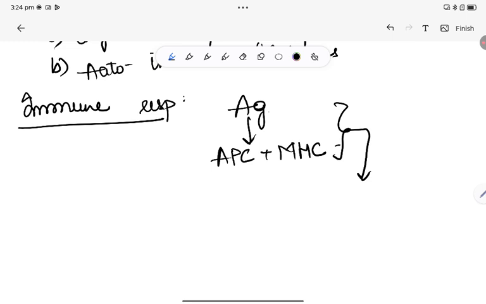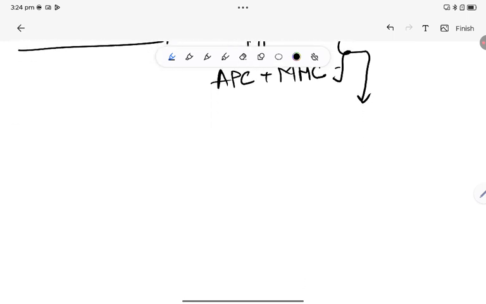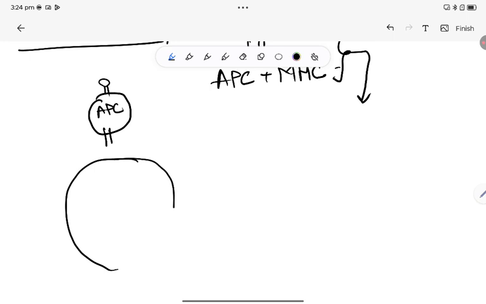This comes and presents itself to T helper cells. Let us say this is our APC, antigen presenting cell, with the antigen with the MHC.